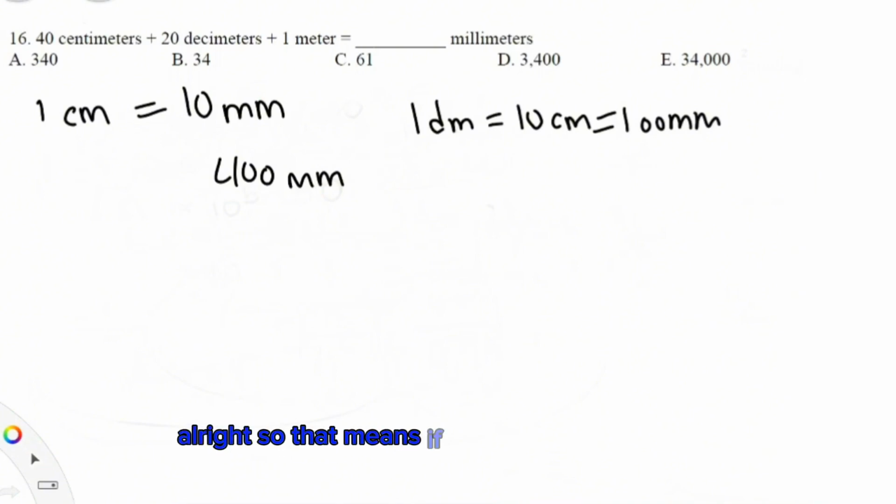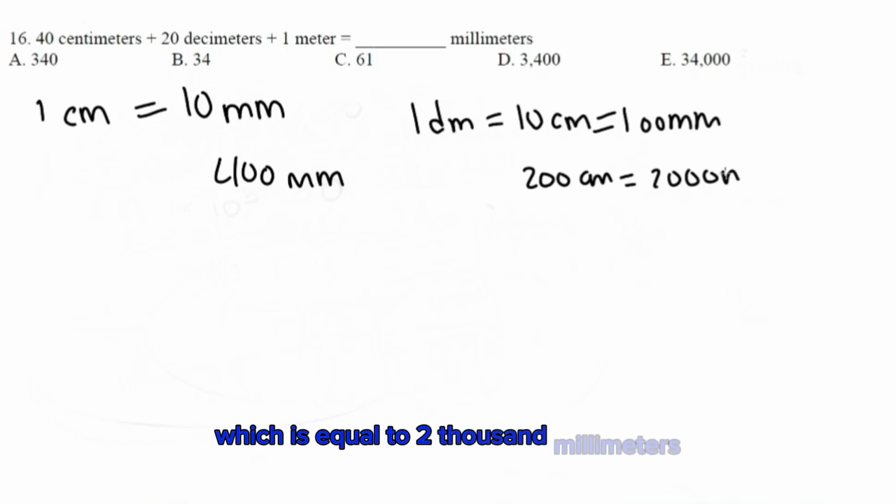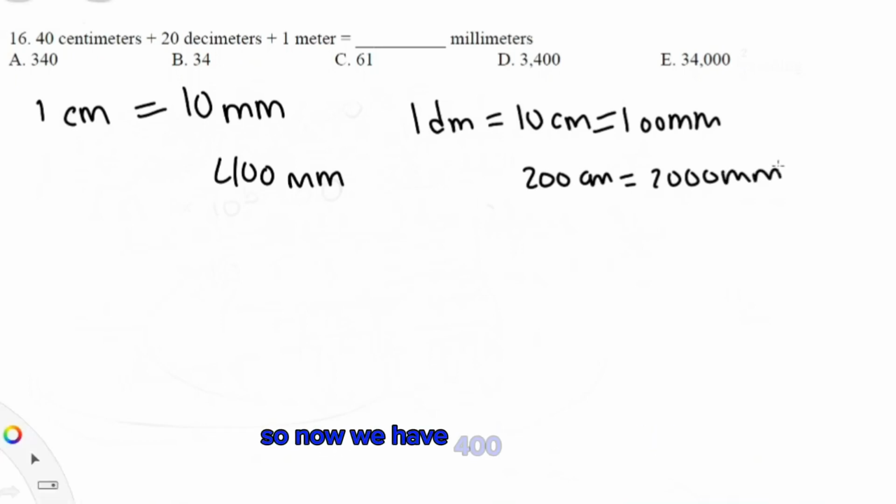So that means if we have 20 decimeters, that's 200 centimeters, which is equal to 2000 millimeters. So now we have 400 millimeters and 2000 millimeters.